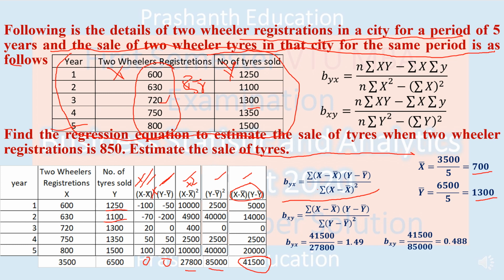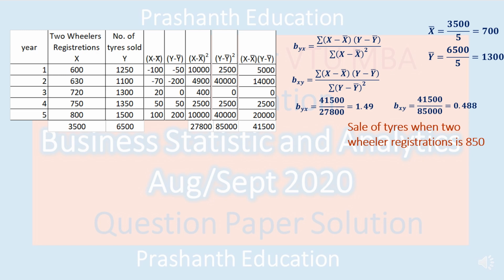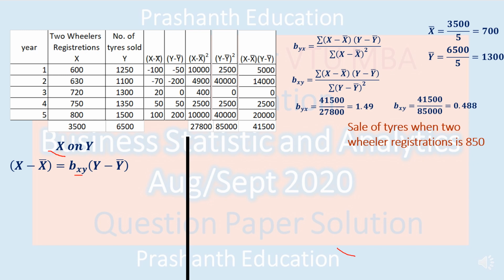Now let's do x on y and y on x. For x on y, x minus x bar is equal to bxy times y minus y bar. Always remember, how do I remember this? If it starts with x, first x will come. If it starts with y, first y will come. Now let's look at this.